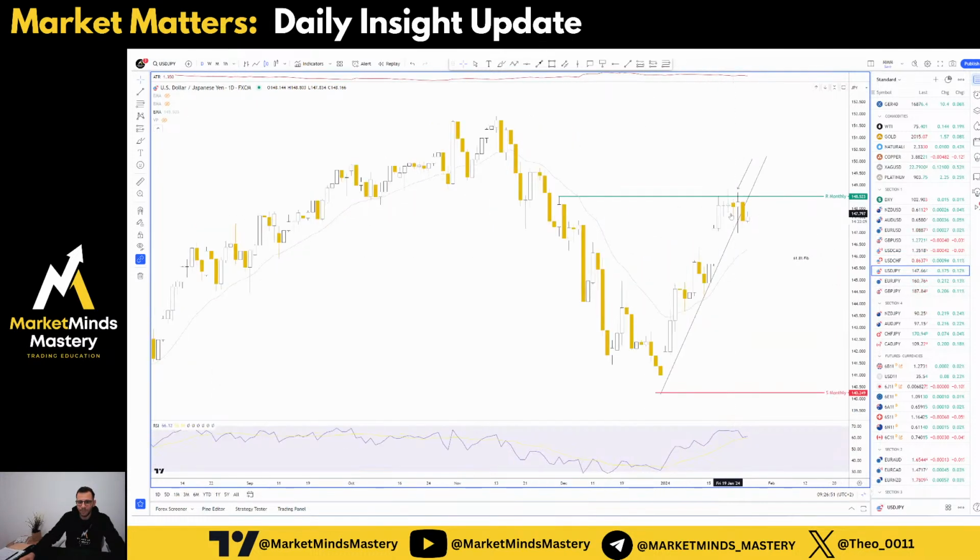USD JPY, I was getting involved at this point here, not anymore. Right at this monthly resistance, the price yesterday, yes, it printed a bearish candle, but it didn't manage to close below the low of Tuesday's candle. So for me, it reveals some weakness.